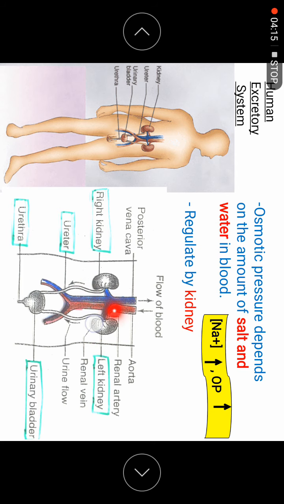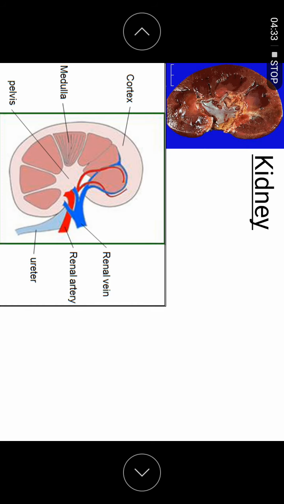Both left and right enter, and both left and right go out. After the kidney, the water will be collected inside the urinary bladder. Later we will see what is happening inside the kidney. So this is our kidney. The real kidney contains a lot of blood, very bloody.